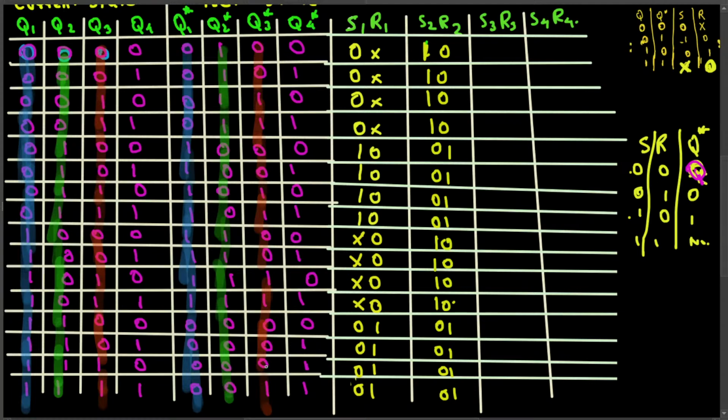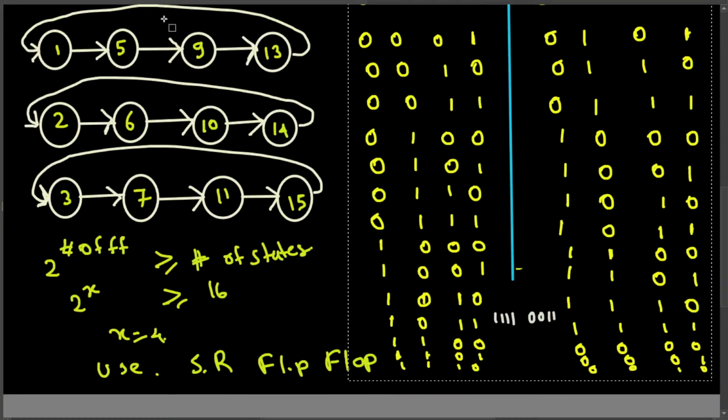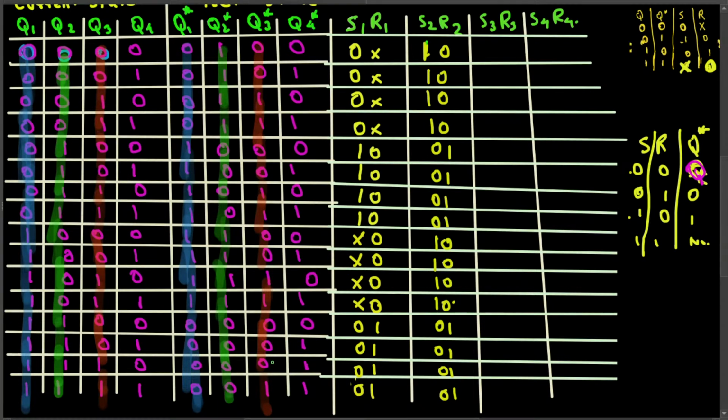Wait a minute. I have to verify whether this is right. This is 1110. That one is what? 8 plus 2, 10. 8 plus 4, that's 12. 12 plus 1, 13. When it's 13, the next state is 1. Let me double check. Yes. Let's look at the previous one. Okay, wait.